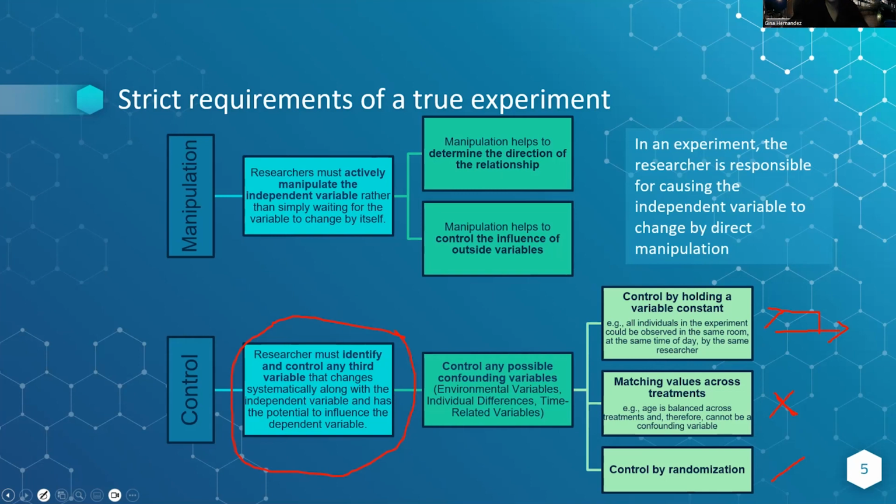Another way, and the simplest way to control for these third variables, is obviously randomization. When you use randomization, any person can be part of the treatment group or the control group. The assumption is that if someone is influenced by a third variable, but you are assigning people randomly, you will have more or less the same kind of people in both groups.